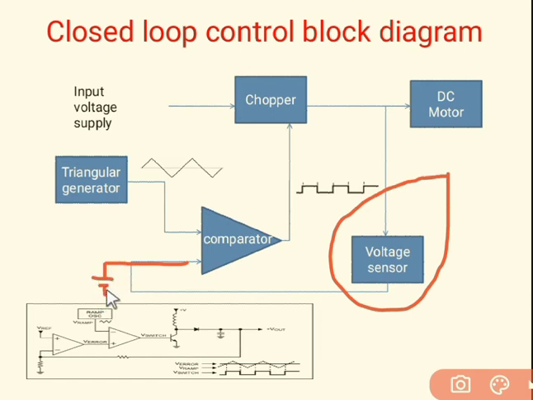So by changing this value, we can change the pulse width. If we increase the reference value, output voltage is also increased, which will increase the speed of the DC motor. If we decrease the reference value, this will decrease the pulse width and finally decrease the output voltage. So by setting the desired value of the reference voltage, we can change the speed of the DC motor.